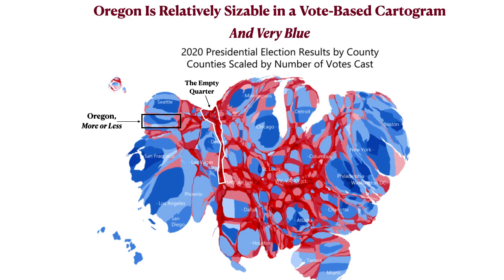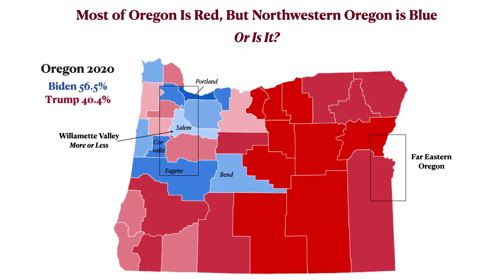Now, on the same map, I want to draw your attention to Oregon, very blue on this map. It's hard to say exactly where the state is, so I didn't want to trace out each county, so I just have Oregon more or less. And if we look at Oregon, we see, like New York or Illinois, it's a state that demographically is blue.